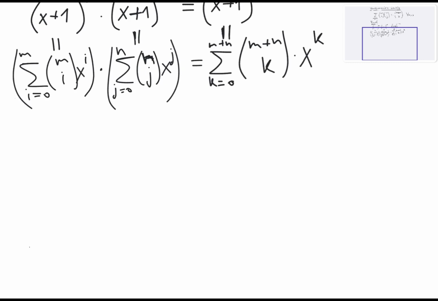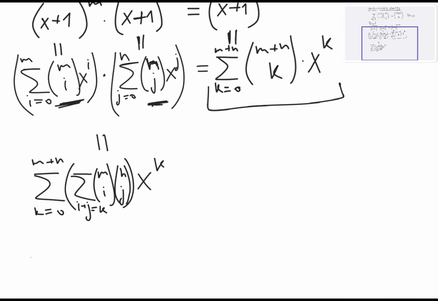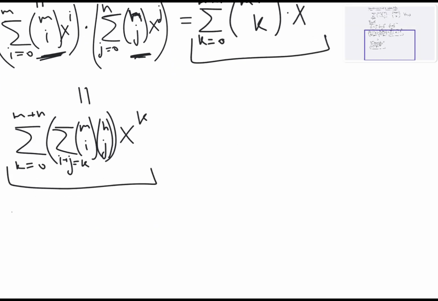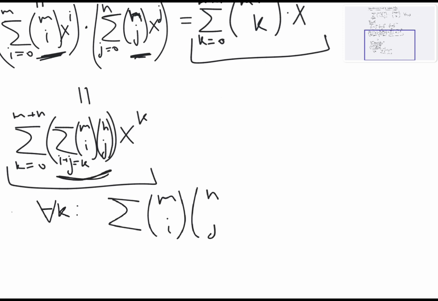So, comparing this expression on the right hand side and this expression on the left hand side, because these are two equal polynomials, they must have the same coefficients for all powers of x, right? So for any k, therefore we have this internal sum, m choose i and n choose j, the sum for all such i and j such that their sum i plus j is equal to k.